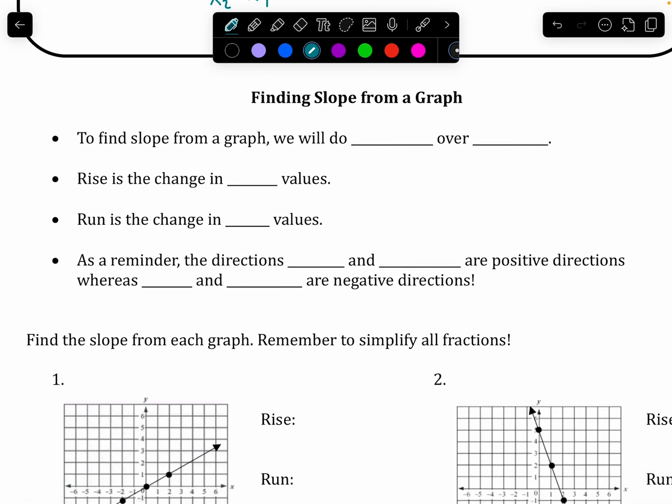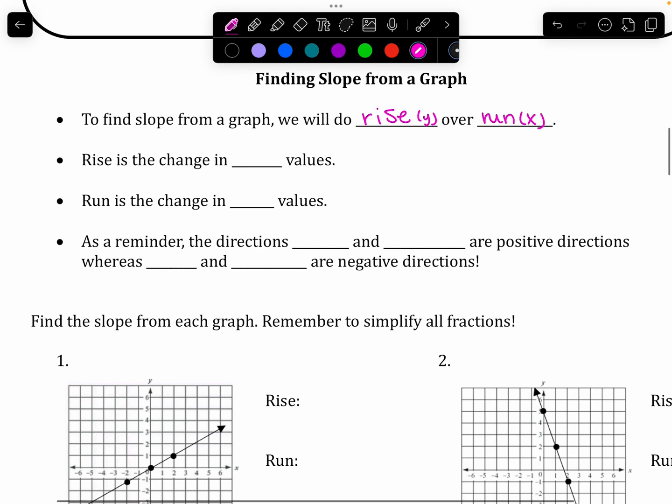We're going to start by finding slope from a graph, and I've actually given you a step-by-step instruction here, like what to do first, and then other important pieces of information. So to find slope from a graph, we're actually going to do our rise, which is our change in y values, over run, which is our change in our x values.